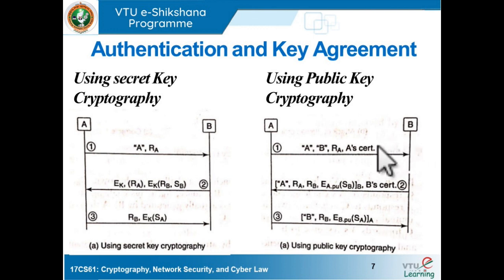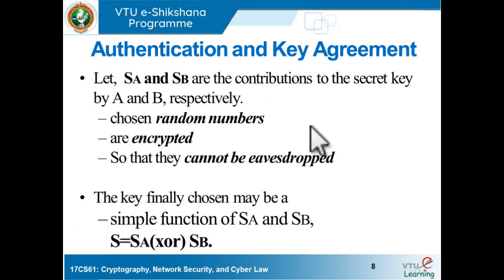Now since B has already received A's certificate in the first message, it can take the public key present in that certificate to verify the information that it has received from A. Now let's look at this further. Over here SA and SB are contributions to the secret key by A and B. Now what do we mean by SA and SB?